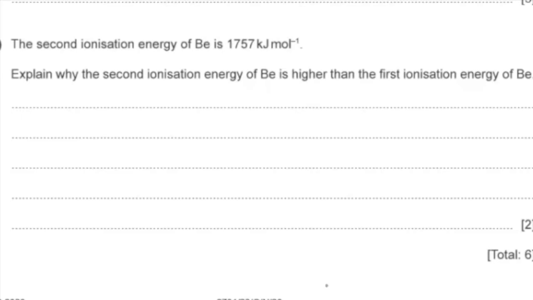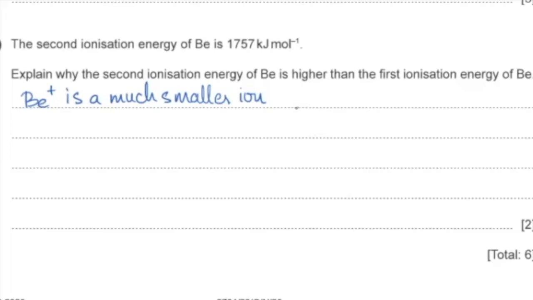So we shall write that beryllium ion, which is Be plus, is a much smaller ion, and the electron being removed from the 2s subshell has greater nuclear attraction than the first electron being removed in the first ionization energy.